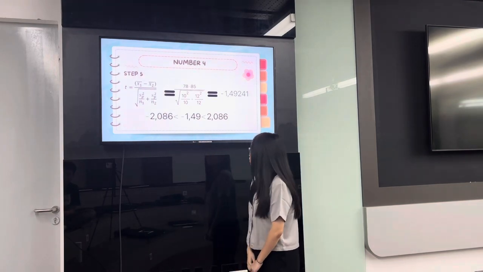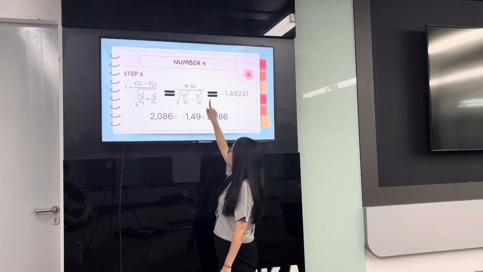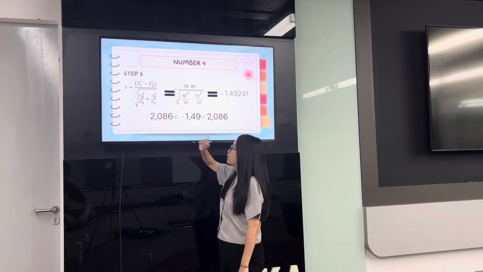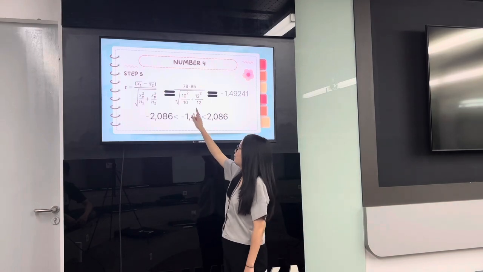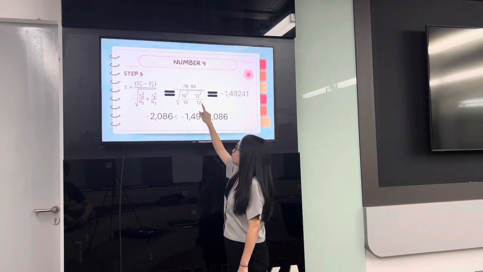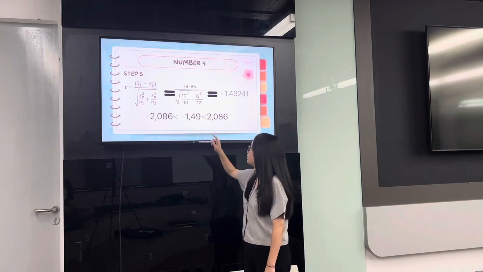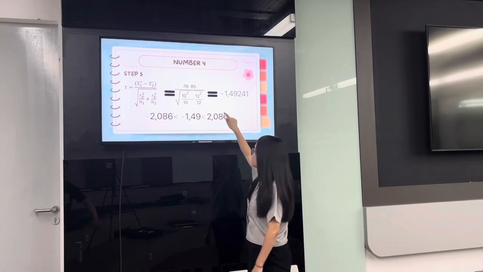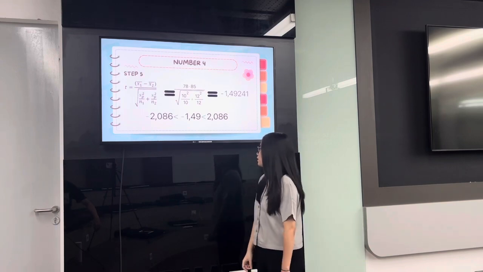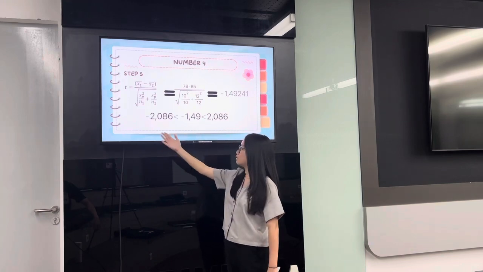The x bar 1 is 78 minus x bar 2 85, divided by the square root of the first standard deviation squared over the first n plus the second standard deviation squared over the second n. So we get minus 1.49, and 1.49 is in between minus 2.086 and 2.086.